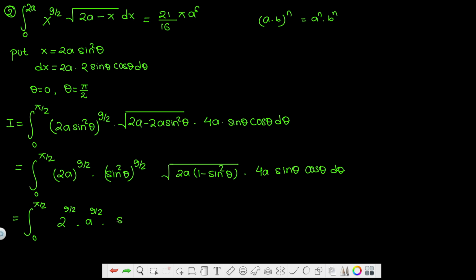This will simplify to (2a) to the whole power 1 over 2, and 1 minus sine square theta is cos square theta. That square and this square root will cancel and we will get cos theta. So cos theta times 4a sine theta cos theta d theta.